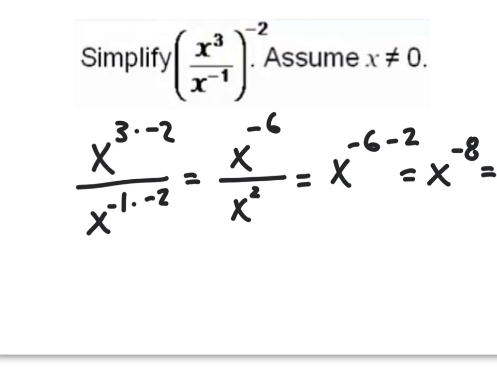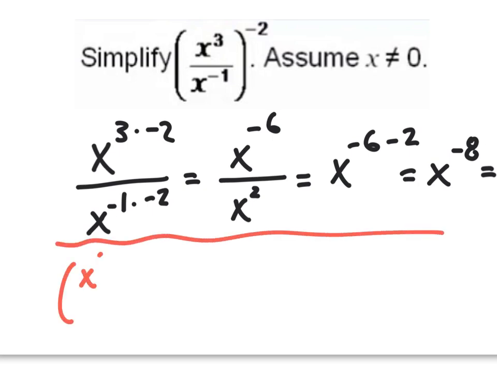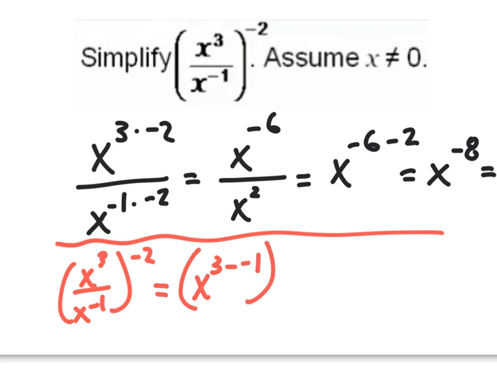We can look at this another way. Let me do this another method. Let me rewrite it as the quantity x cubed over x to the -1, quantity to the -2. What I can do is simplify on the inside before I raise it to a power. So I'm going to redo this. This is really just x cubed minus -1, if you think about it that way, and then we're going to raise that to the -2 power.